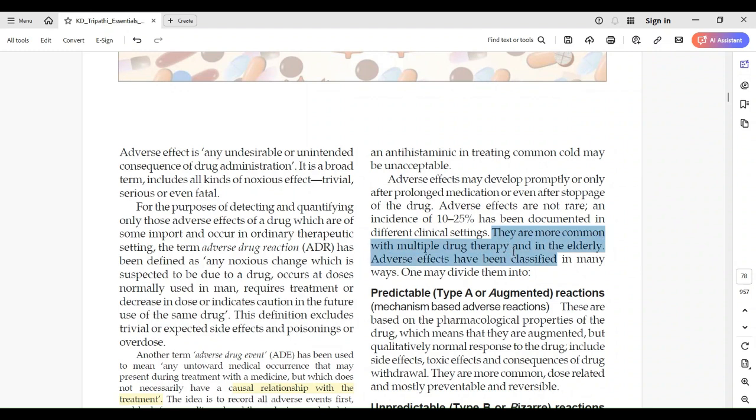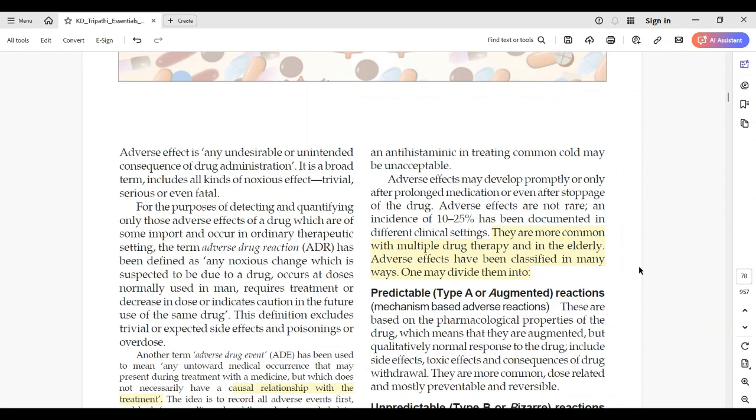They are more common with multiple drug therapy and in the elderly, because when we take multiple drugs, they may have a synergistic effect. They may cancel the effect of each other.